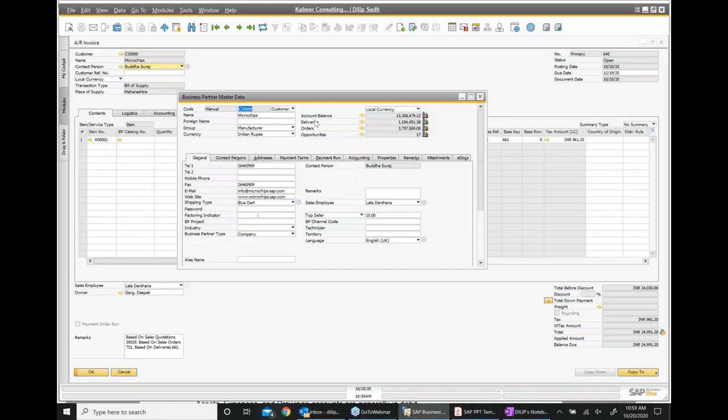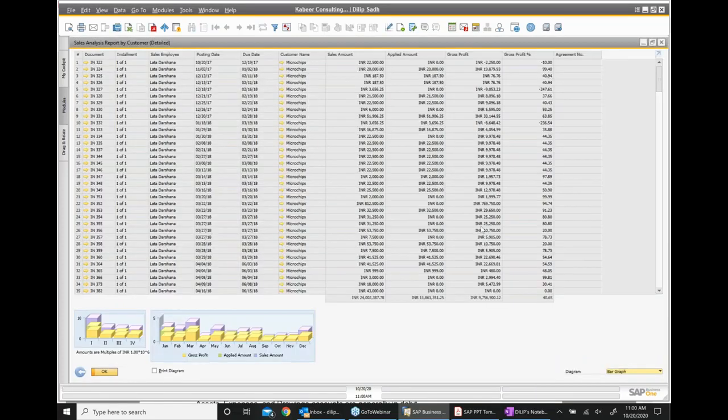If you see this customer, this is the amount of deliveries, this is the amount of orders, and this is the amount of opportunities. If I go back to the account balance and click on this button here, you get the details: invoice by document, sales employee, posting date, due date, customer name, sales amount, and you'll even get a gross profit by invoice.